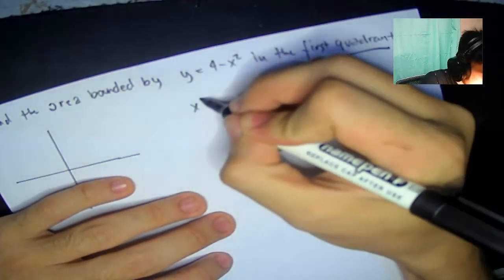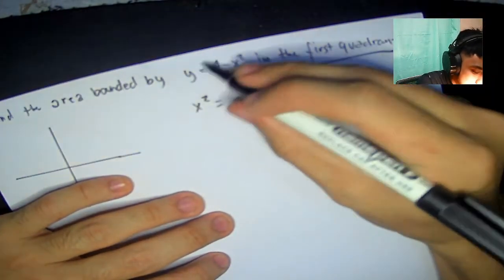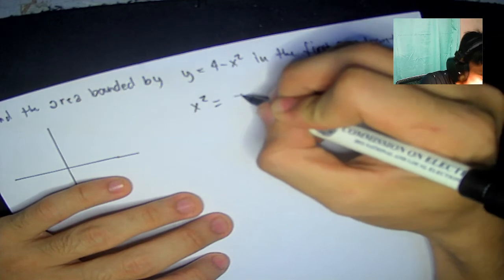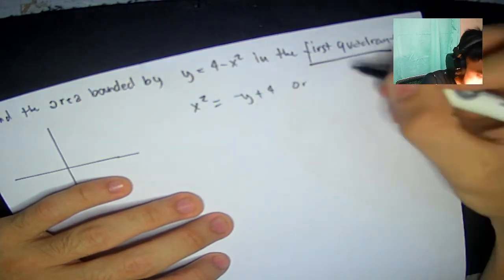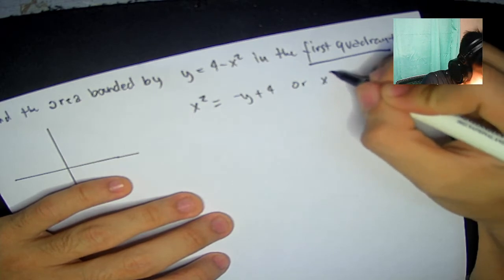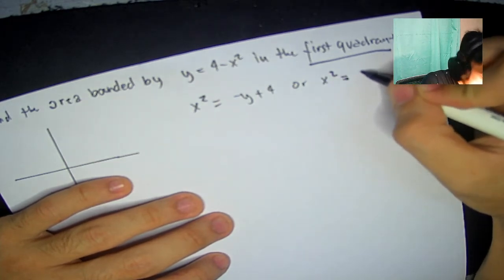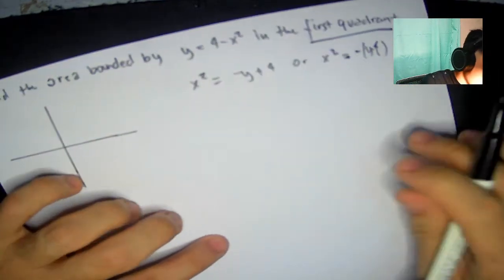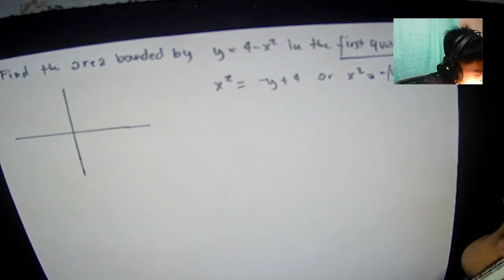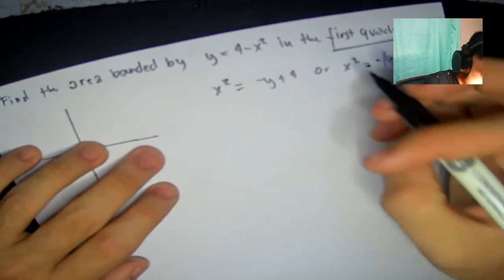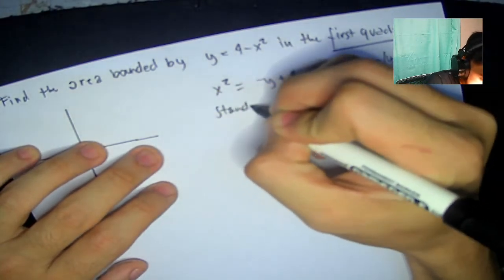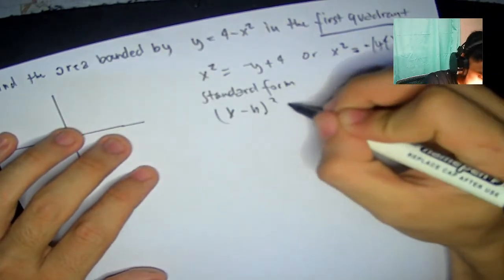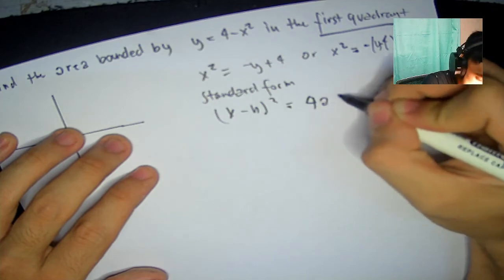Let's make x squared equal to, putting y on the other side, negative y plus 4, so x squared is equal to negative y minus 4. The reason is the standard form here is x minus h squared equals 4a times y minus k.